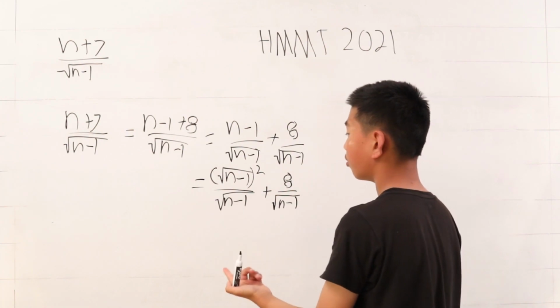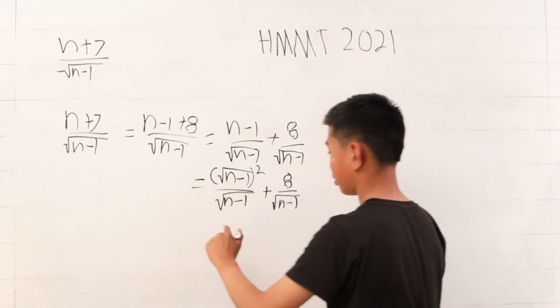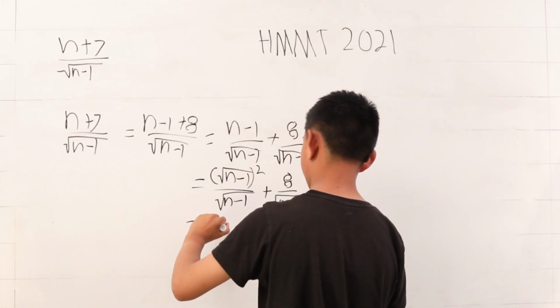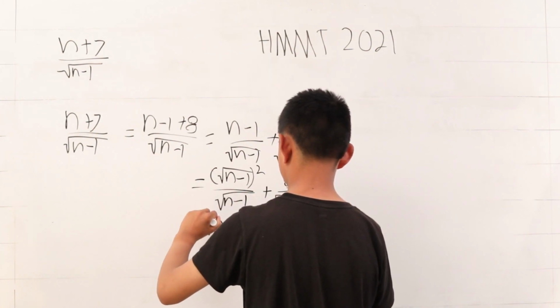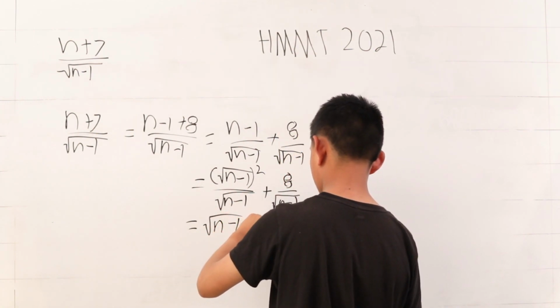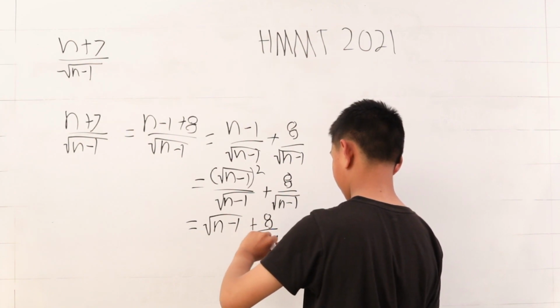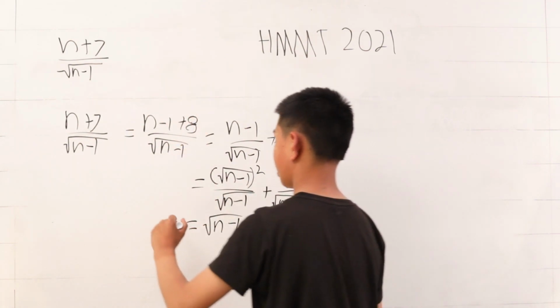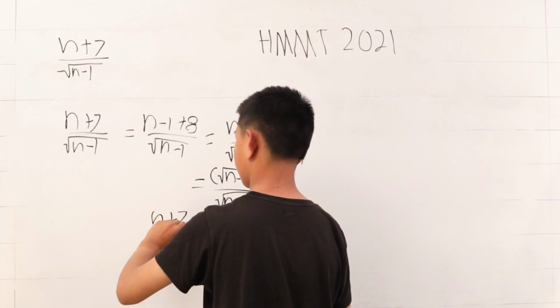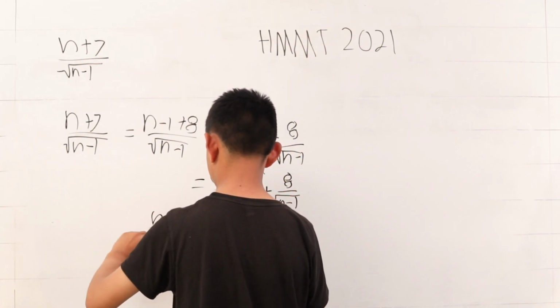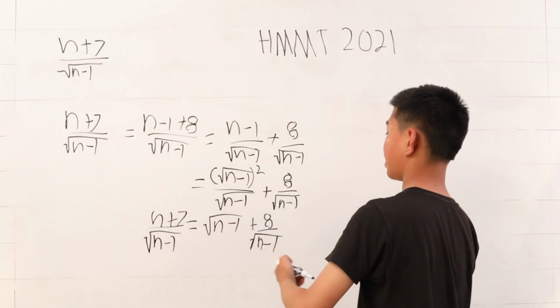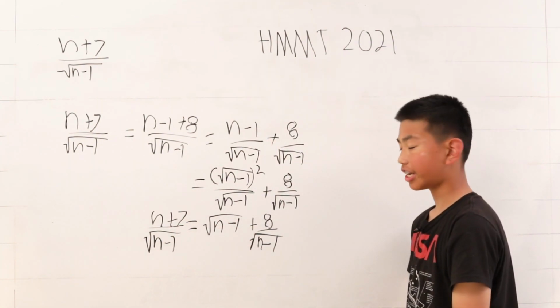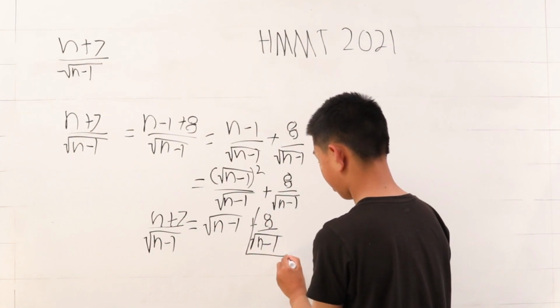So now we can actually just divide this. This is now the square root of (n - 1) plus 8 over the square root of (n - 1). So we have transformed the original expression, (n + 7) divided by the square root of (n - 1), into this. All we really care about is this here.